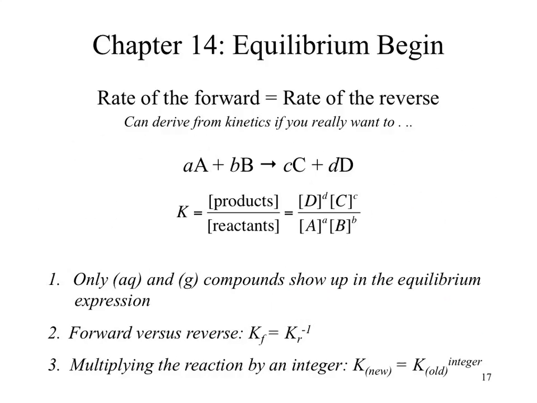We then shifted into the equilibria, or chapter 14. At that point, we know the rate of our forward equals the rate of the reverse. We went through and did a solve to determine what was going on with that, and what we ended up finding out is that products over reactants equaled some constant. In this case, we've now changed our perspective a little bit, so we have to be careful.